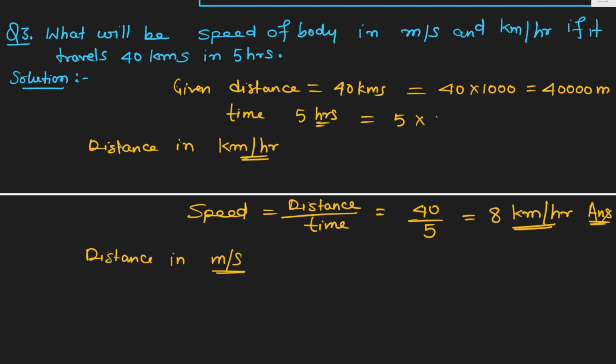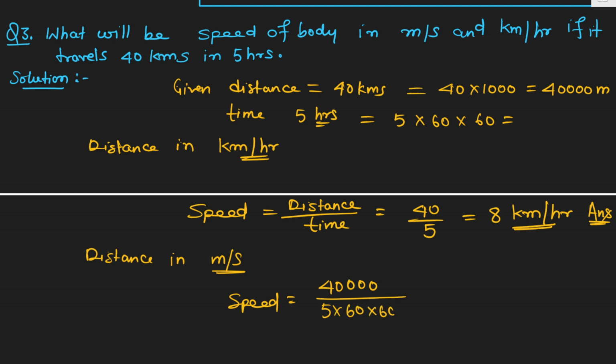So 5 hours is 5 into 60 into 60, which will be easier for calculation. Again the speed equal to the distance 40,000 upon 5 into 60 into 60, and we cancel.